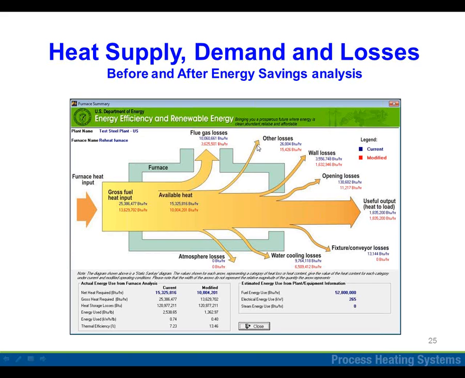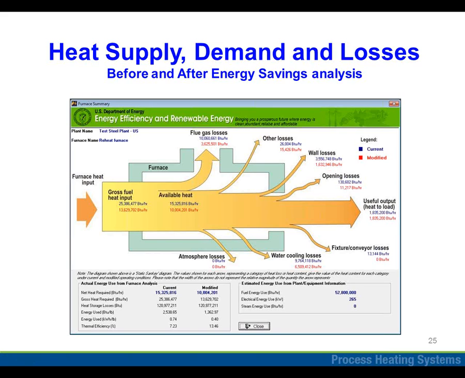If you look at the current operation, flue gas losses are almost 10 MMBTU per hour. So basically 1.8 MMBTU per hour is needed to reheat the steel material. That's useful heat. But when you are doing that, you are losing almost 10 MMBTU per hour. So that's the current operation. Now modified is basically a what-if analysis.